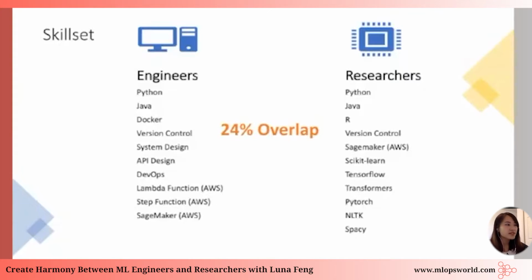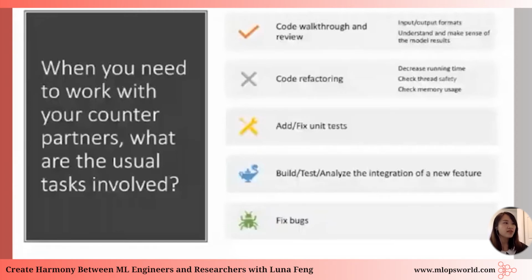Researchers usually start a day by reading research literature, pre-processing data, implementing ideas and running experiments in SageMaker notebooks. They also do error analysis of the results, interact with subject matter experts, fix bugs, and write research papers.